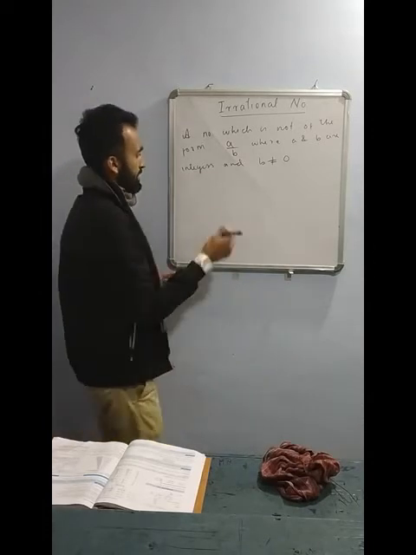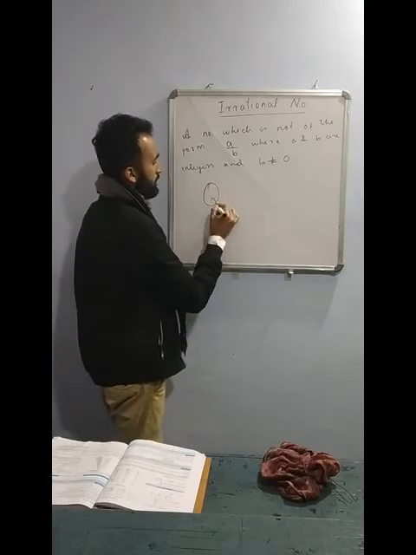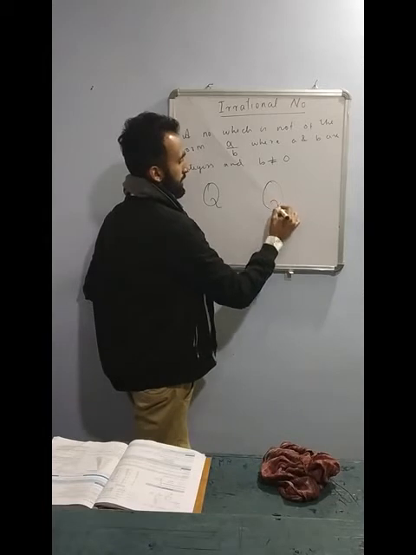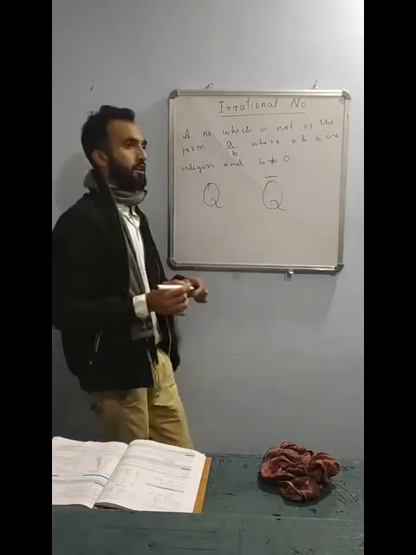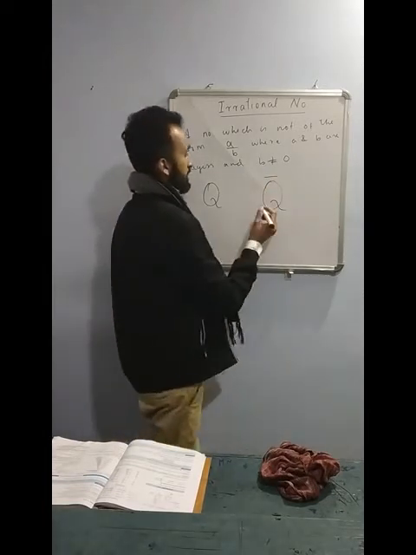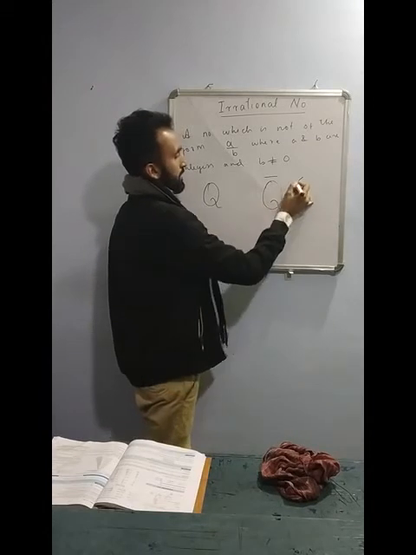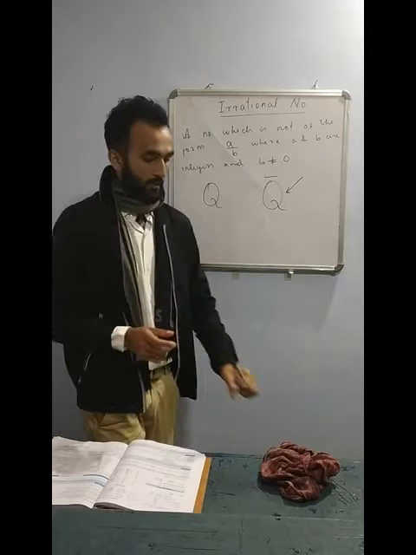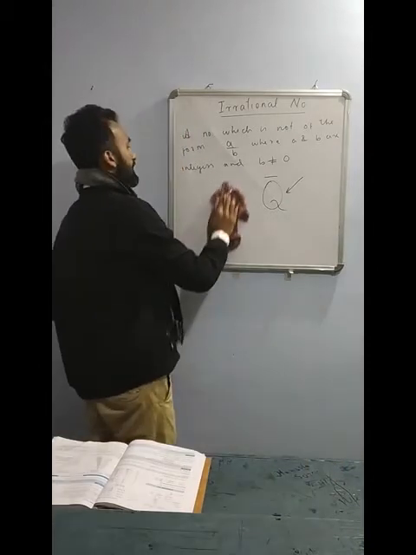The rational number we denote by Q. This is rational. For an irrational number, you write Q with a bar on the top. This one is the irrational number. Now you have all the types of numbers.